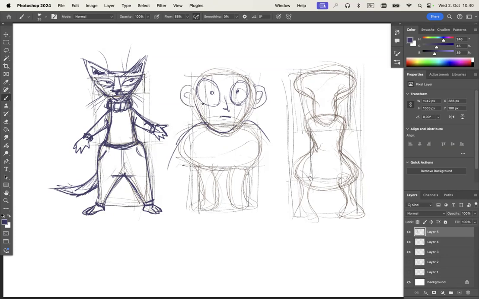So here I would try to keep these round shapes.